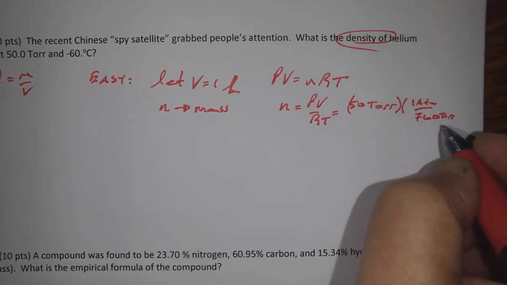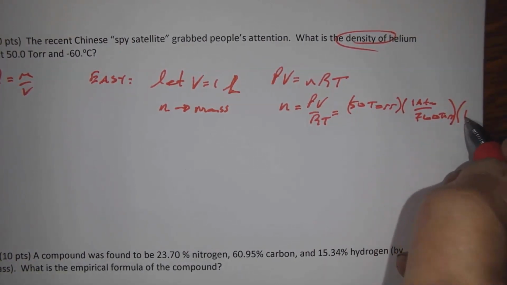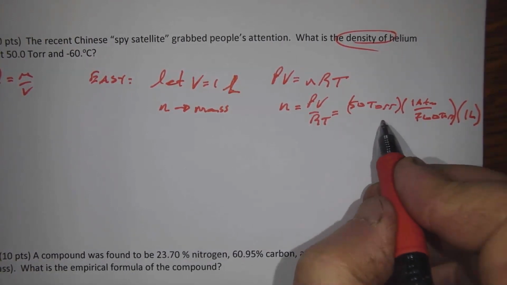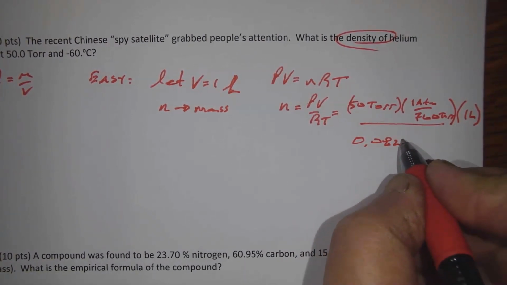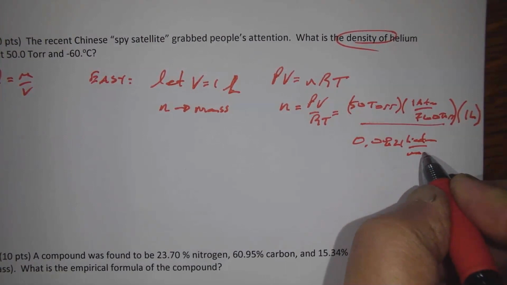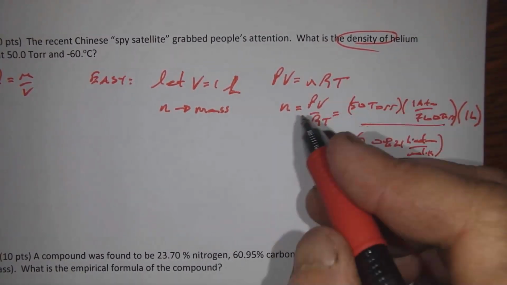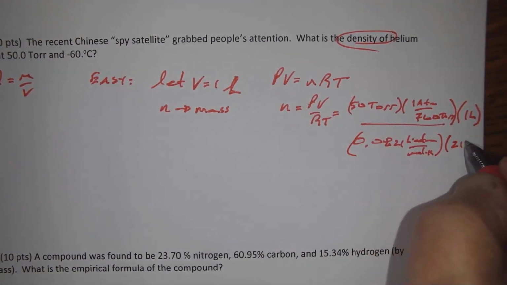I'm going to squeeze things in, see if I can fit it on the page. And I have 1 liter. Okay, and that's going to be over RT. R is 0.0821 liters times atmospheres over moles times Kelvin, and a temperature of, was it negative 60 Celsius, which would be 213 Kelvin.